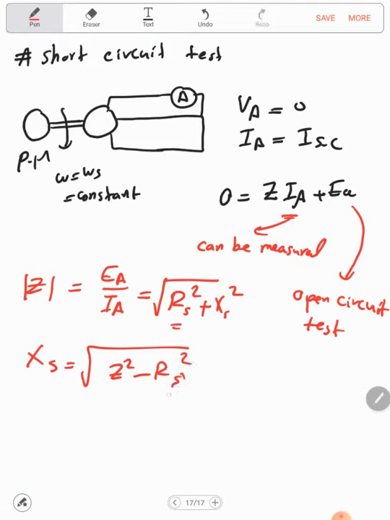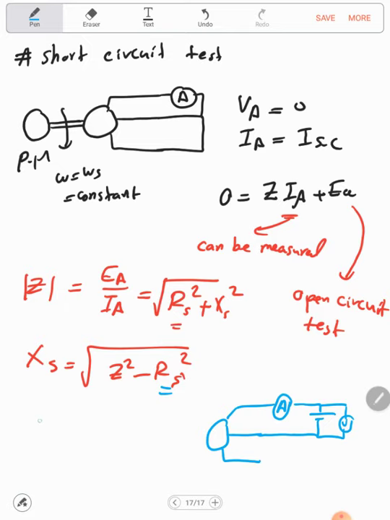So how to find the stator resistance? This is very simple. We will go to the machine and connect a DC source to two terminals, and we'll measure the current and the voltage.